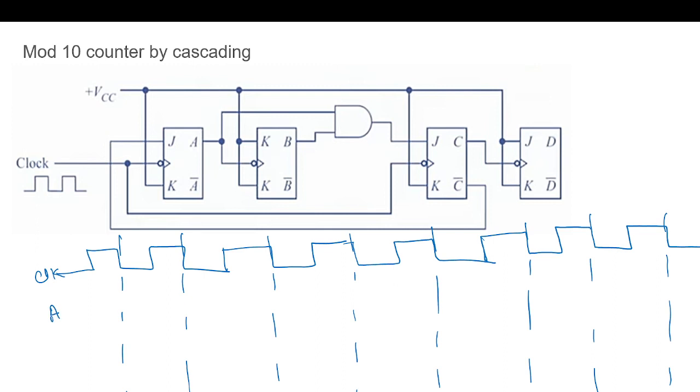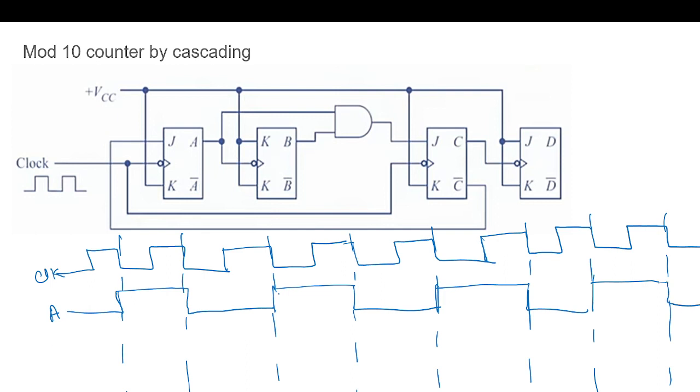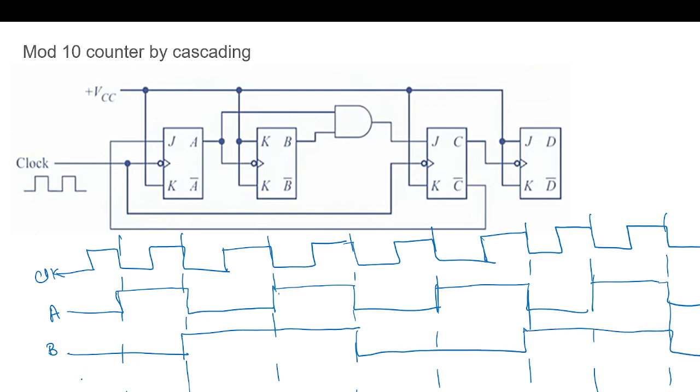A will be toggling every clock edge. And B, A is the clock. So after A is negative edge. And C, J is A, B.